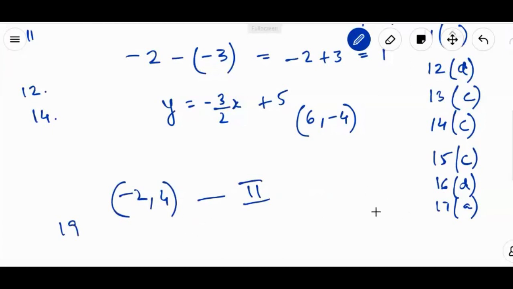Option B is right. Then the 20th one, if the y coordinate of a point is 0, where will this be? It will be on the x-axis. So option D for the 20th one.